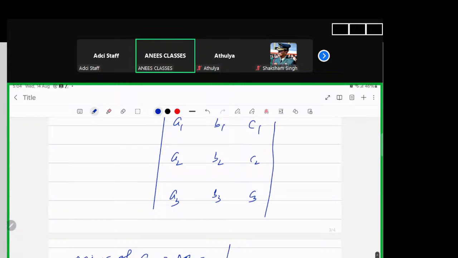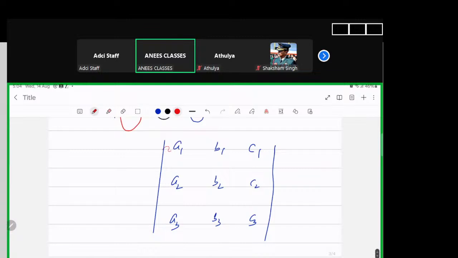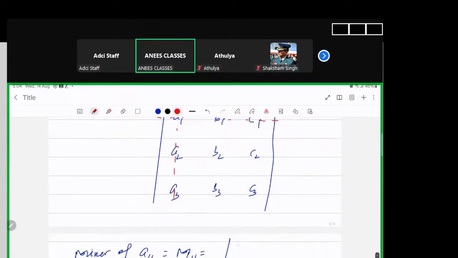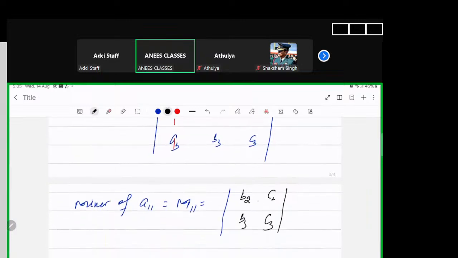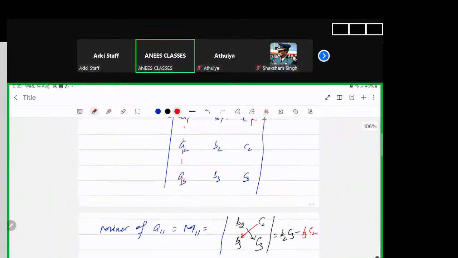So you will delete the row and column along A1. After deleting, you will get a 2 by 2 determinant: B2, C2, B3, C3. And according to the 2 by 2 determinant, you will get B2 C3 minus B3 C2. Understood, Saksham? Yes, sir.